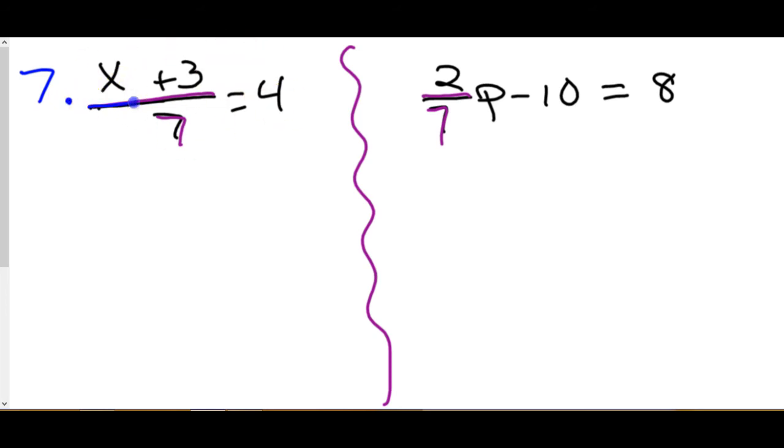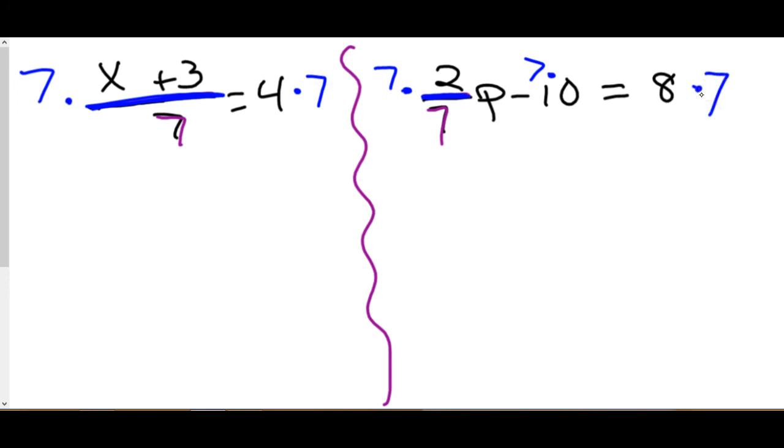Because the divide by 7 touches both the x and the 3, we only put 1 times 7 on the left side. On the second one, because the divide by 7 only is attached to the 2 and the p, we also have to multiply 10 by 7. And then on both of them we have to multiply the other side by 7.